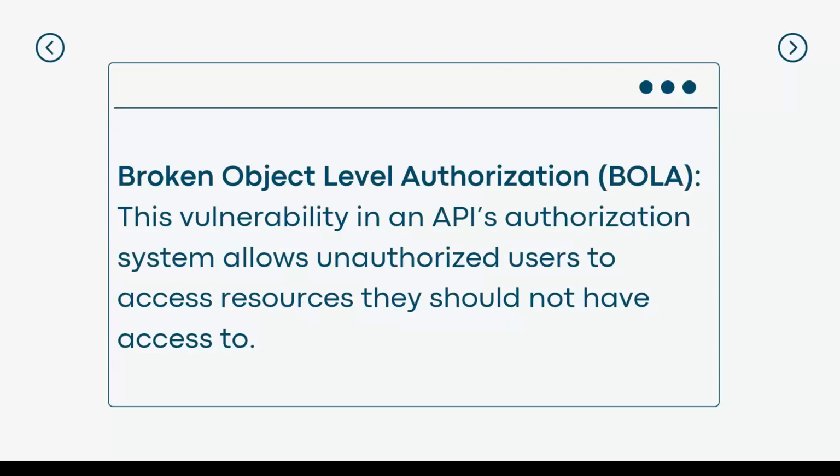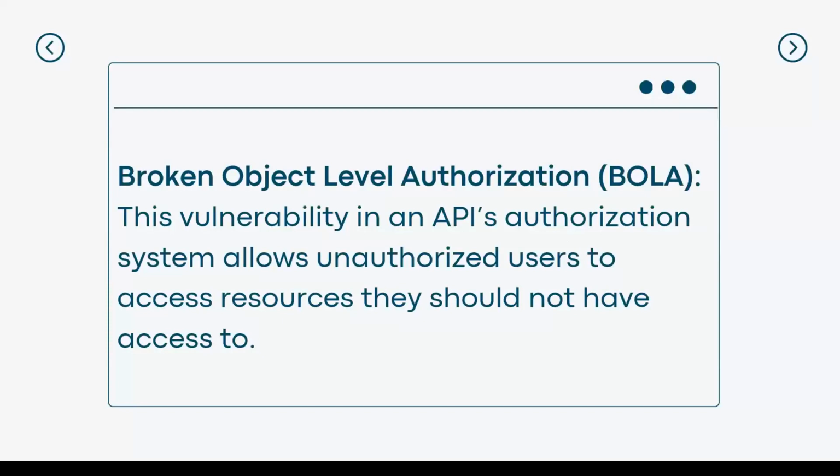This is a vulnerability in an API's authorization system that allows unauthorized users to access resources they shouldn't have access to. So imagine your organization is a shopping site, and we have sellers and then you have buyers.